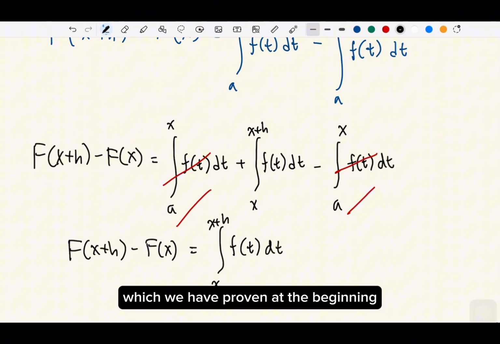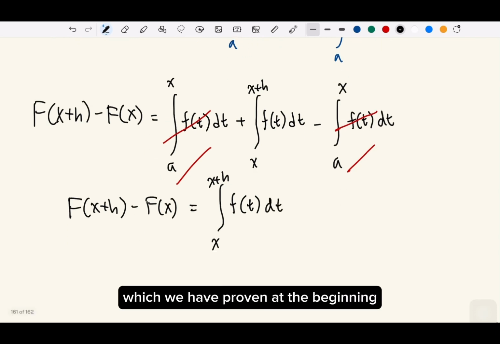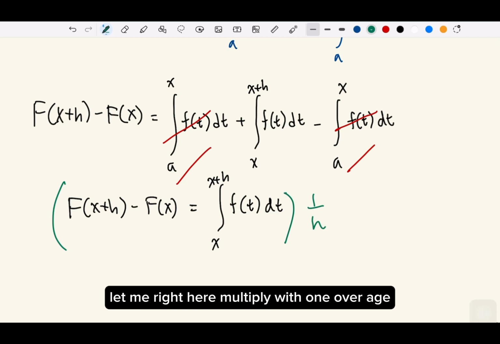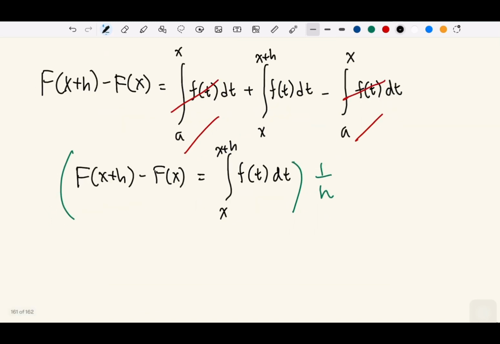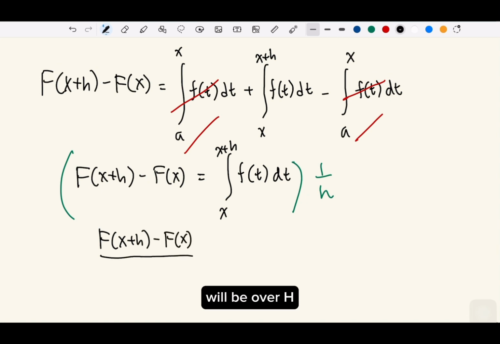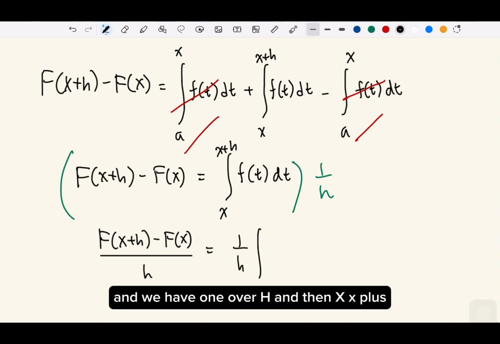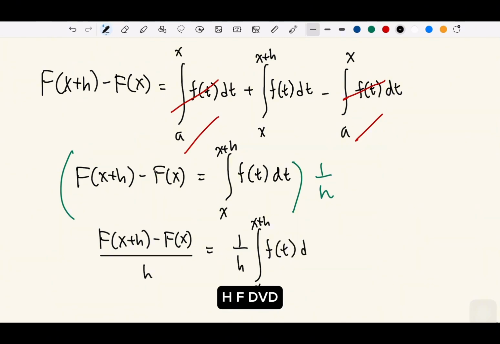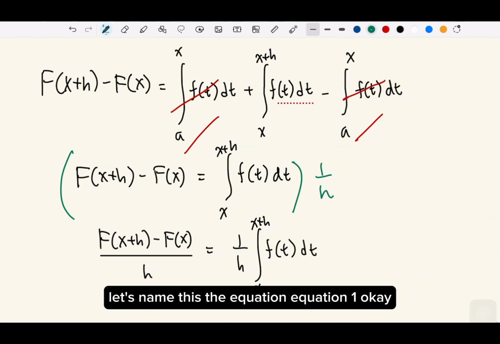So at the end of the day, we have this, which we have proven at the beginning. And then we divide by h. We multiply both sides by 1 over h. So the left side will be over h, and we have 1 over h times the integral from x to x plus h of f(t) dt. Let's name this equation 1.